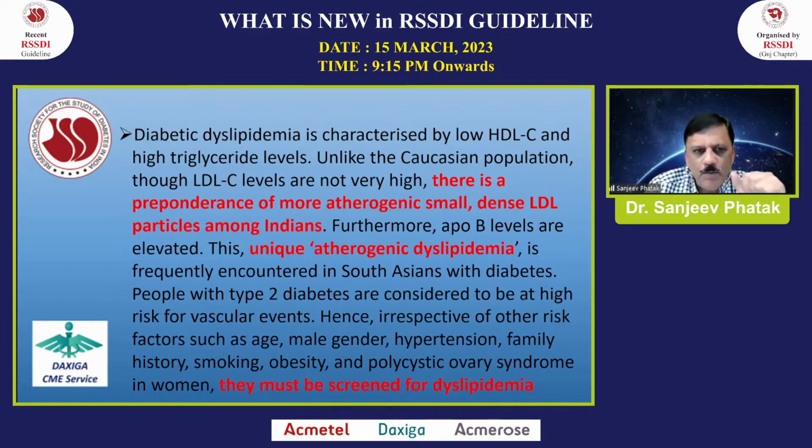Furthermore, the ApoB levels are also elevated, and this unique atherogenic dyslipidemia, which consists of high TG, low HDL, borderline elevated LDL, a high amount of small dense LDL, and ApoB, makes it unique for our South Asians. And that too, coupled with high lipoprotein A, increases our cardiovascular risk very significantly.